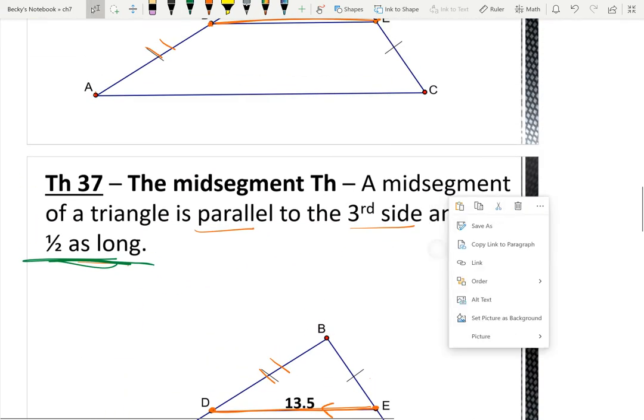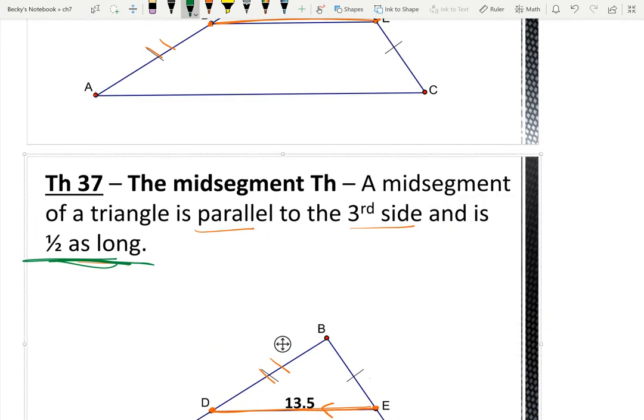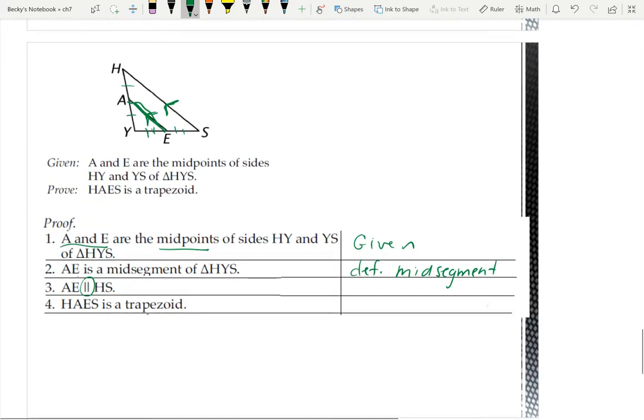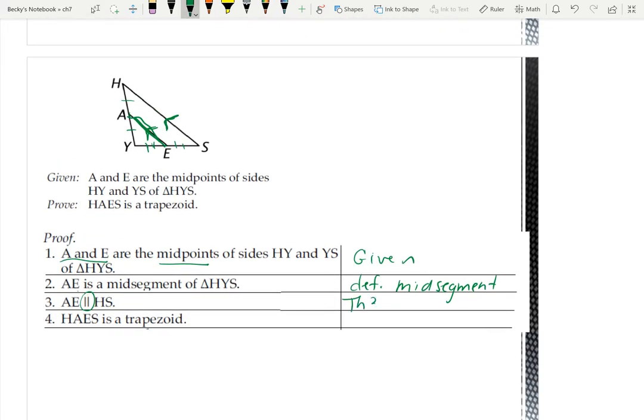The mid-segment theorem says the mid-segment of a triangle is parallel right here to the third side. And that's the part of the mid-segment theorem that we're going to use. So theorem 37, mid-segment theorem.